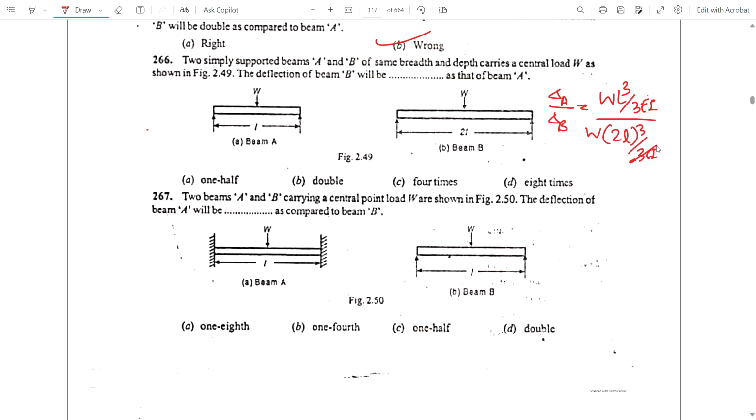This cancels out and the ratio is 1/8. They ask del B by del A, so 8 is in the denominator, which means del B is equal to 8 times del A. The answer is 8 times.